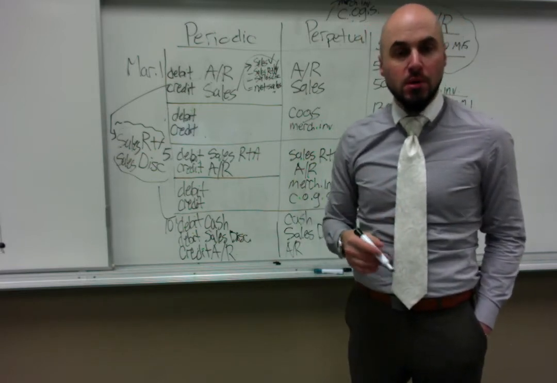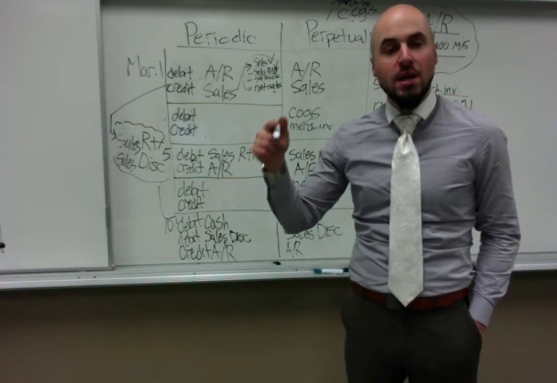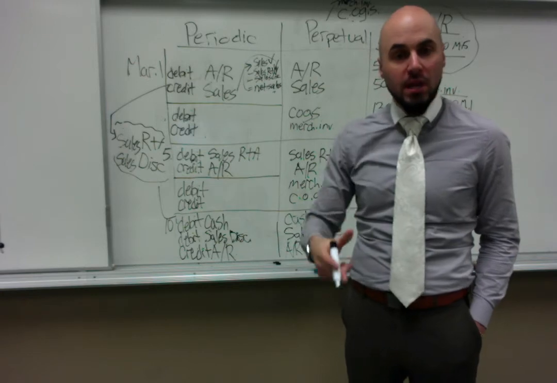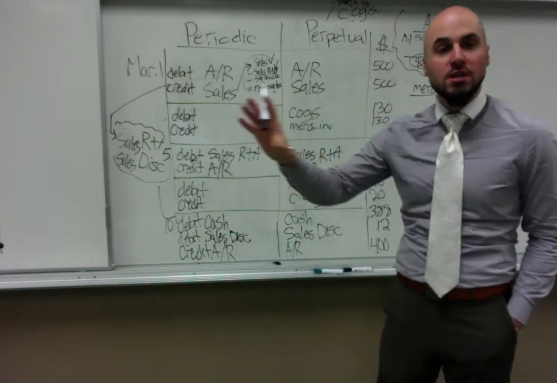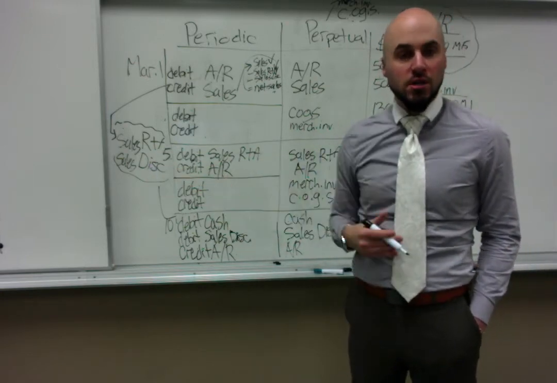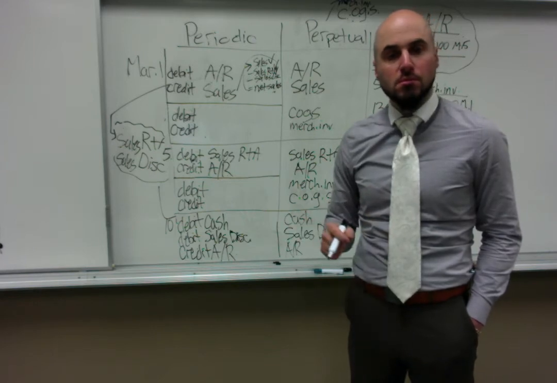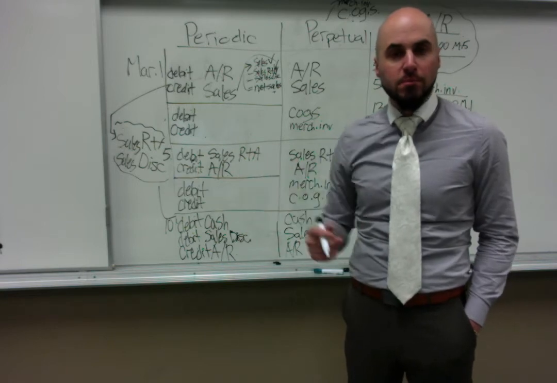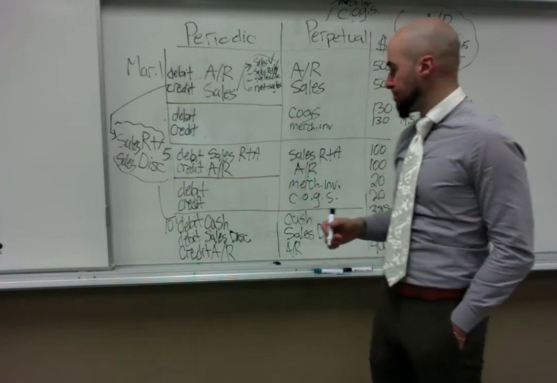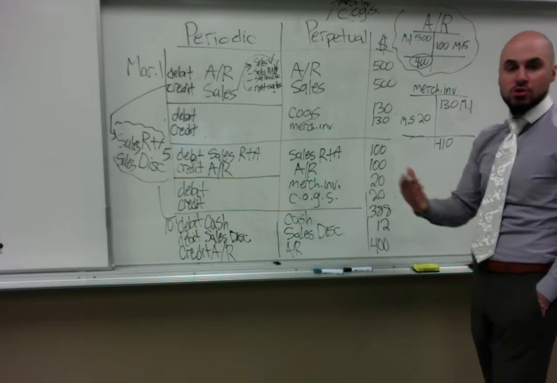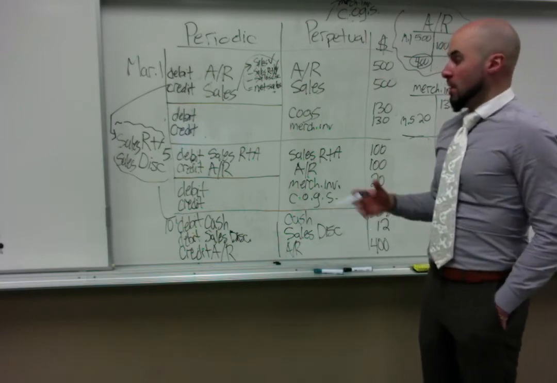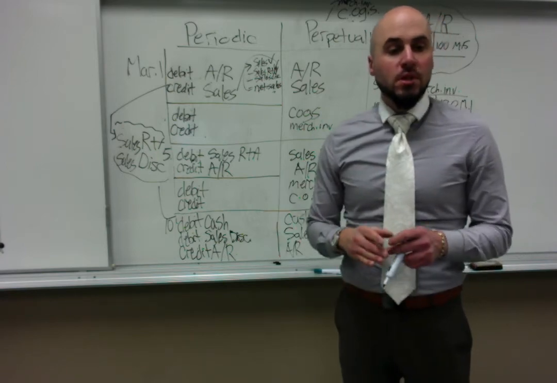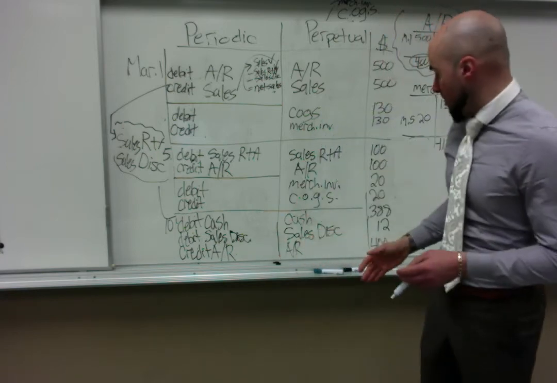There's always a portion that you will not collect, and therefore to increase the probability that you will collect as much as possible, you offer these payment terms so that the customer has a benefit to paying you and where both people win. Both parties win in that transaction. There you go. Know that. Know the perpetual periodic system. This is a main part in this chapter.